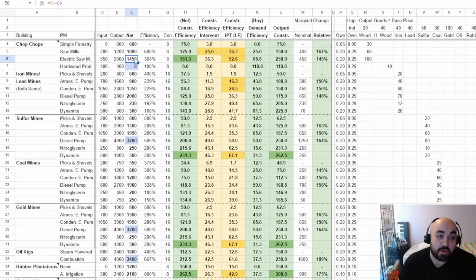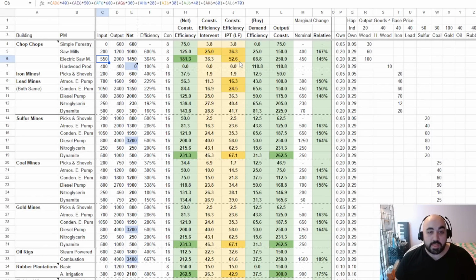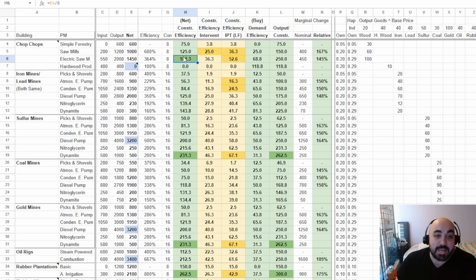And so, for example, if electricity is really expensive, let's say our input is more expensive, it's going to make this number less efficient. What this number is, is the net efficiency per construction multiplied by ownership, or how much the ownership will contribute to the investment pool.